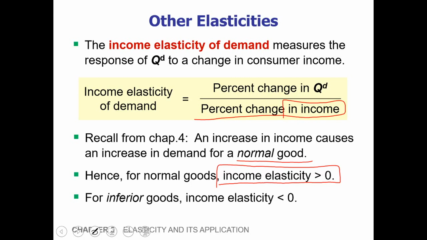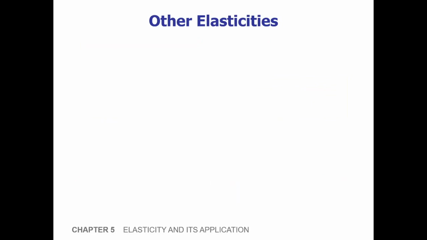So the small car is an inferior good and its income elasticity would be less than 0, that is negative. Alright, that's all about income elasticity of demand. We are not going to go into details about it, but I hope you get the idea of the concept.